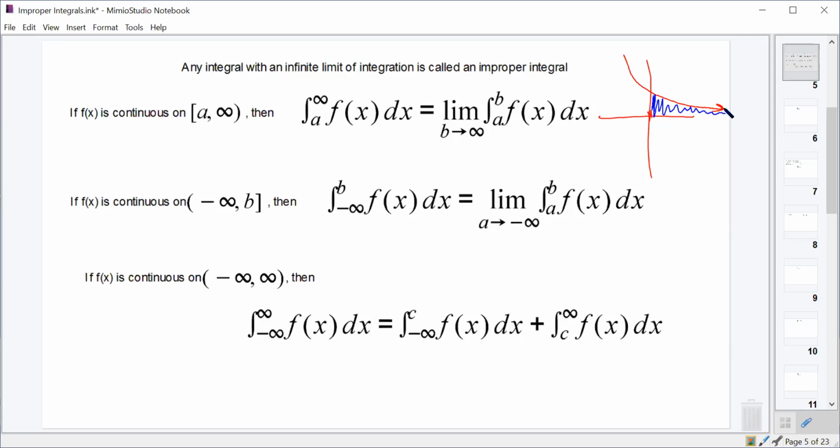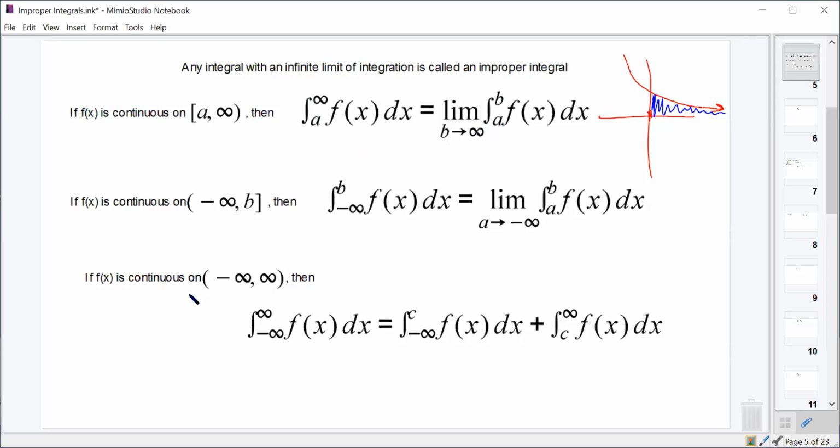And so the way we'll deal with this, because when we do integrals, technically the limits of integration have to be real numbers. Instead of integrating from a to infinity, we will rewrite it as a limit as b approaches infinity of an integral from a to b. So this a value will be like 1. We'll go from 1 to b, integrate from 1 to b, get an expression in terms of b and other numbers, and then evaluate a limit as b goes towards infinity.